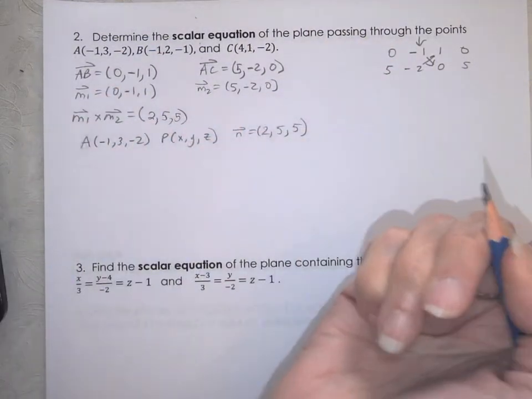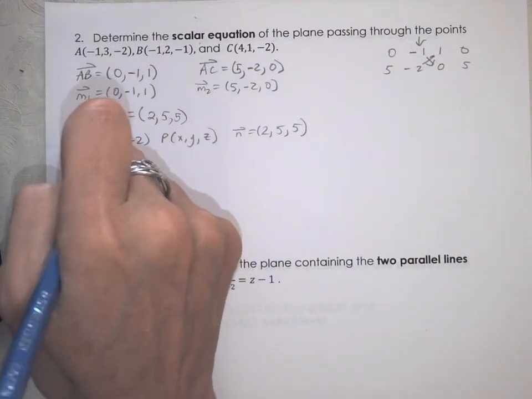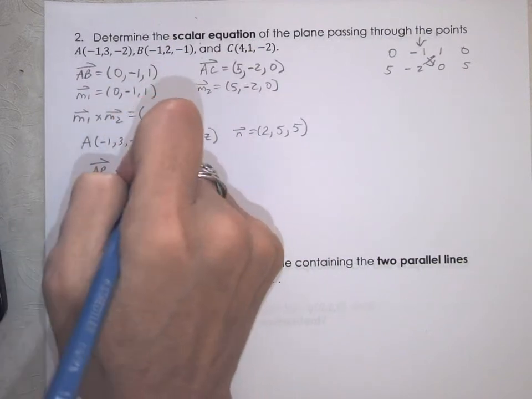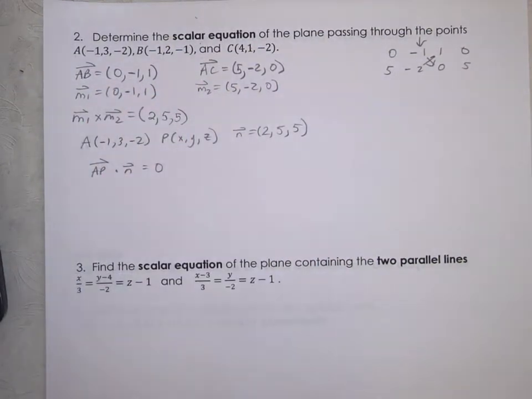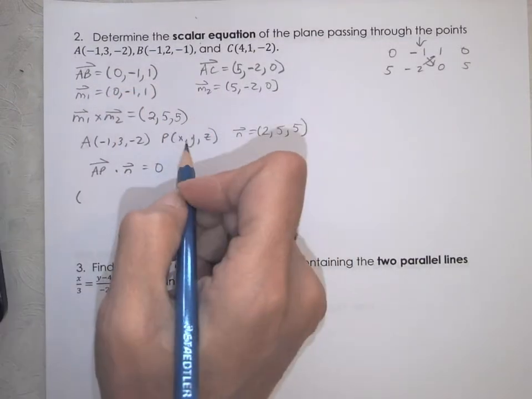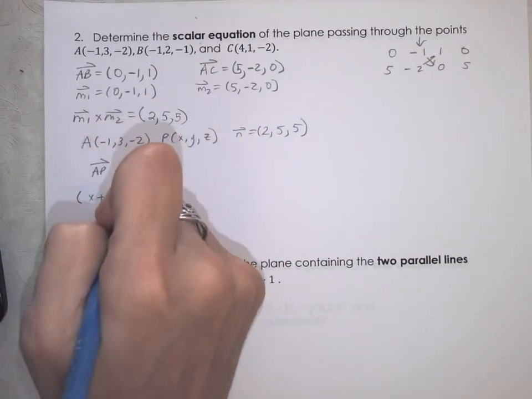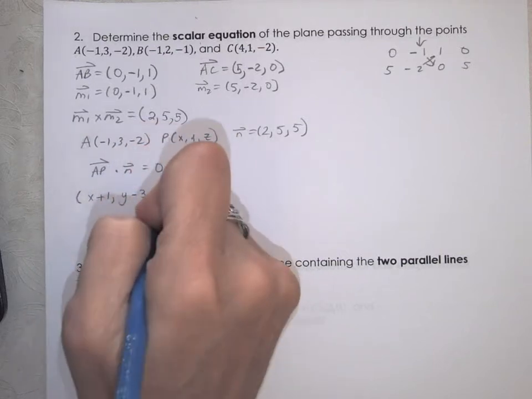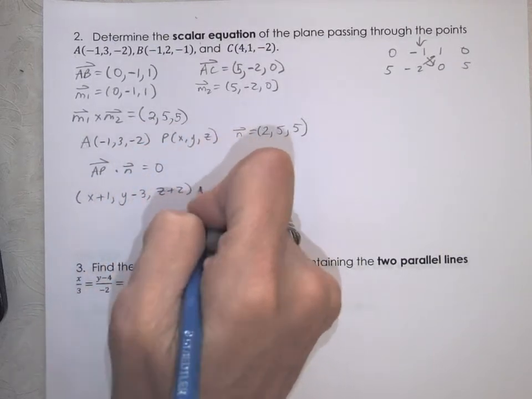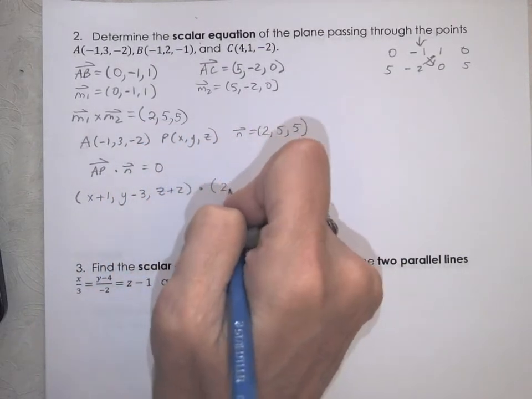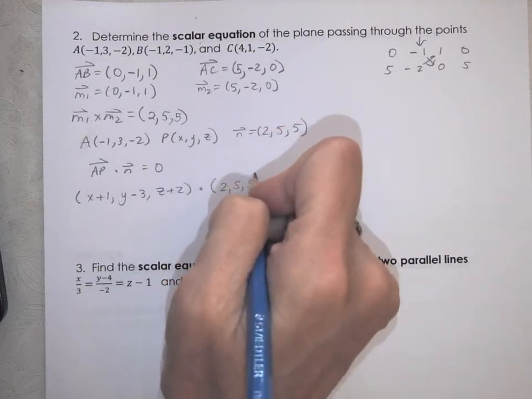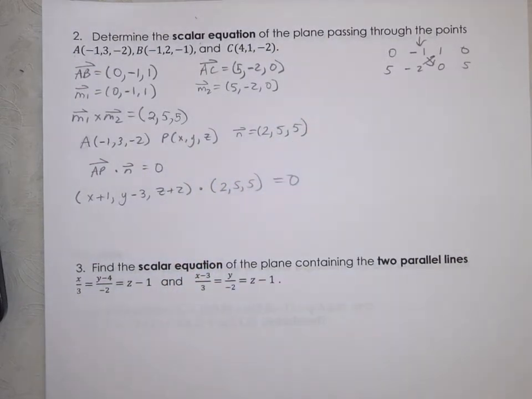So instead of QP dot n equals 0, I can say AP, same thing, dotted with n equals 0. A is just a known point on the plane. In this case, AP is P minus A, so it's going to be x plus 1, y minus 3, z plus 2, dotted with the normal, 2, 5, 5, equals 0.